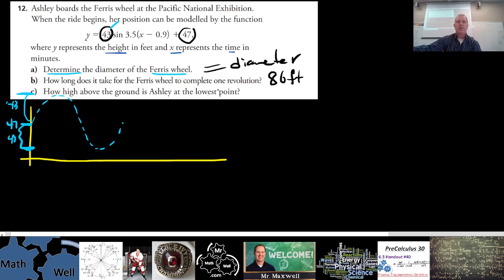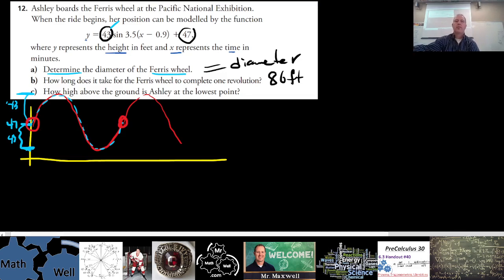How long does it take for the Ferris wheel to complete 1 revolution? Okay, so 1 revolution would mean from the start point of the graph all the way through to the start point of the next cycle, right? Or the 1 period length.